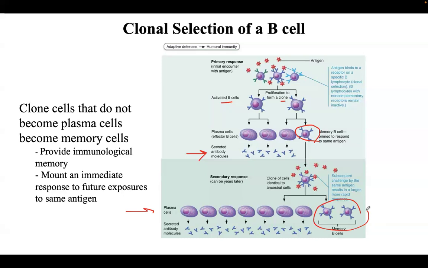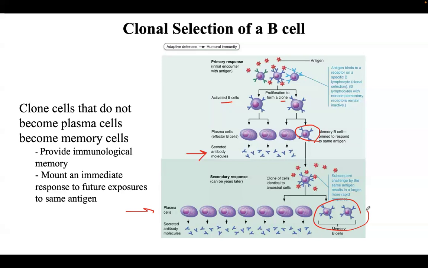Therefore, clone cells that do not become plasma cells become memory cells. And what do these memory cells do? They provide us immunological memory, meaning they mount an immediate response to future exposure to the same antigen.